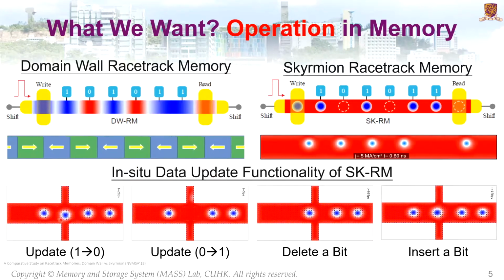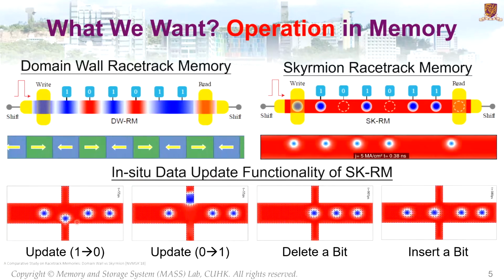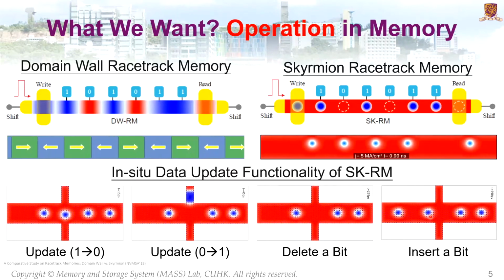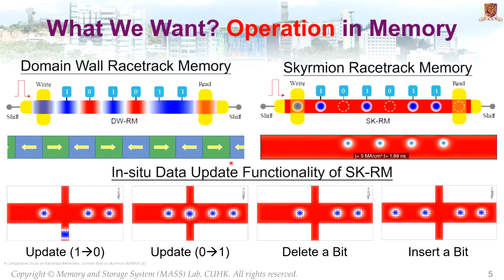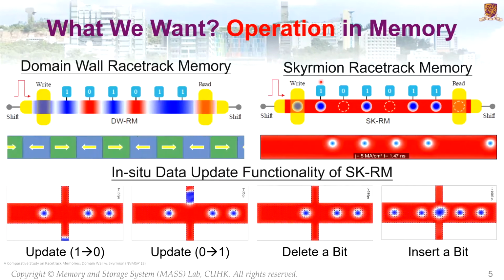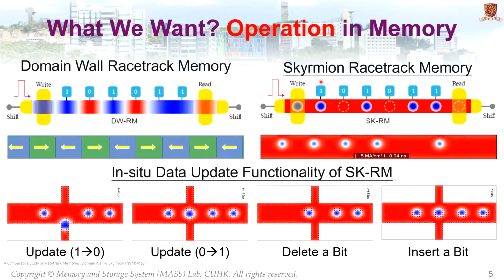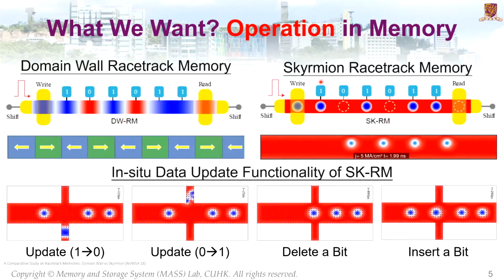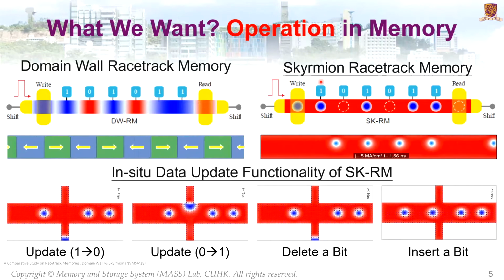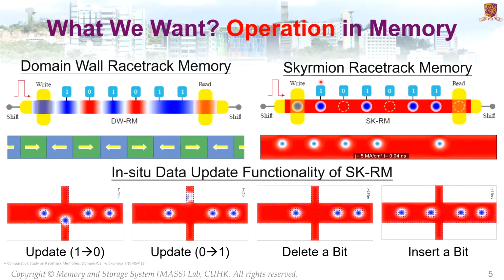For example, we can easily update a certain bit directly in place, and we can also delete a bit or even insert a bit. So you can see the racetrack memory, especially the Skyrmion version, is highly operational. Researchers in this area have started to think about quite different data manipulation and data operations.